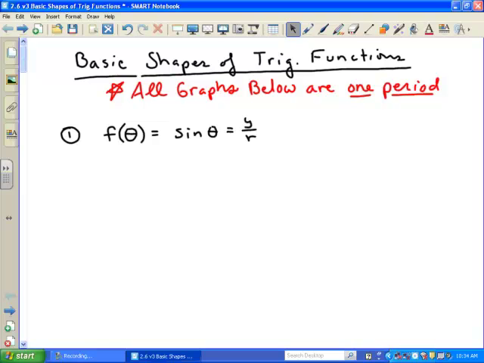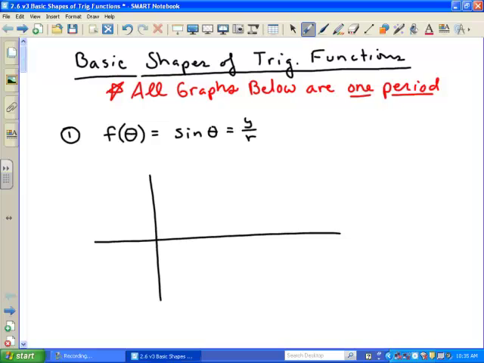First of all, I want to make a distinction between how we normally draw triangles as far as x, y, and r values and the set of axes that we use for that. We use a different set of axes when we actually draw the function sine theta equal to y over r. It still looks like we draw a vertical and a horizontal axis, but we don't have an x-axis and a y-axis.